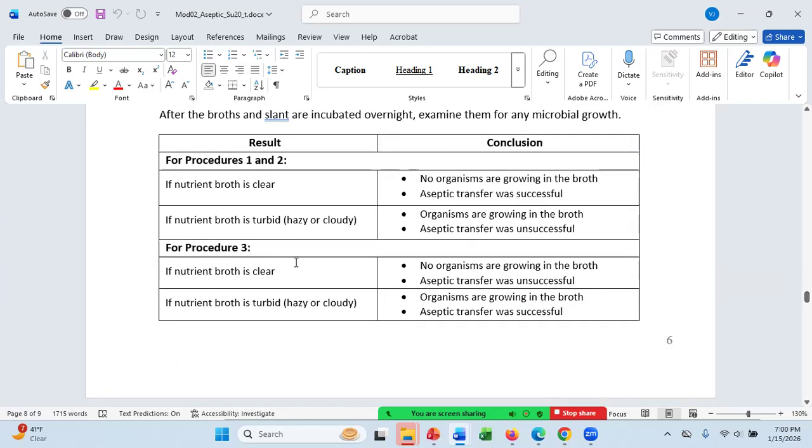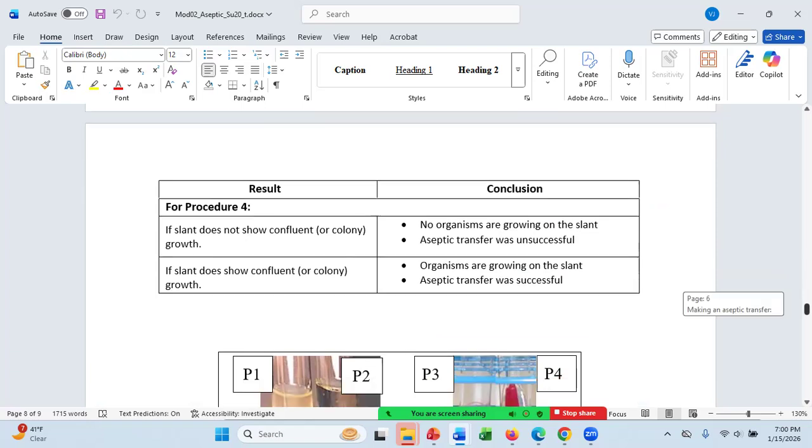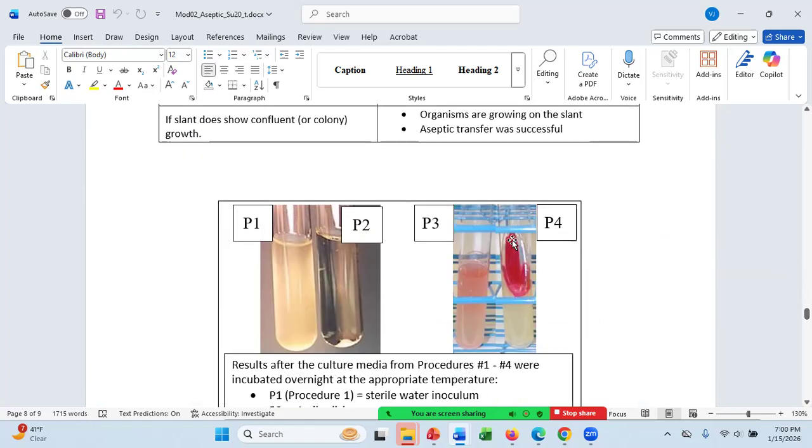All right, so here are the results for procedure 4 and the conclusions. Here is the result for procedure 4. You'll note that there's so much growth here that this entire region is filled in totally. So they did streak it this way, and there's so much growth that it grew in this region confluent.